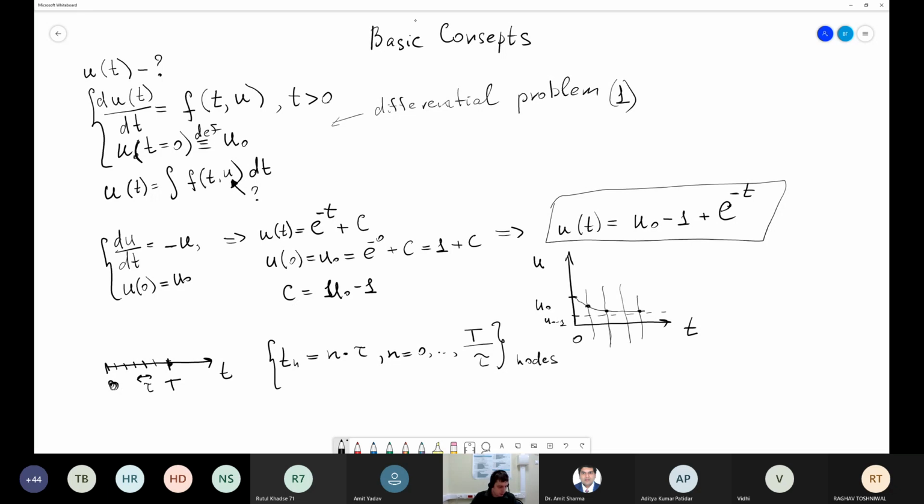So we can say that u at the time equal to n multiplied by tau equals un, by definition. But to estimate these values, we must know the analytical representation of our unknown function. What we can do is construct something like a finite difference problem.